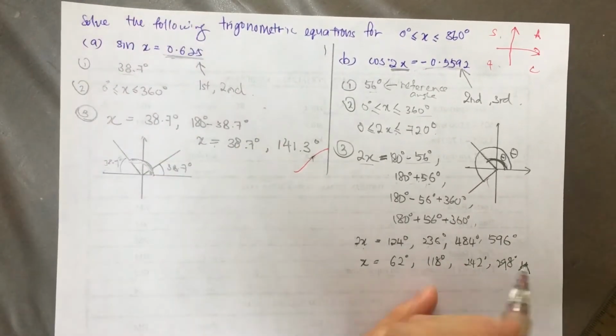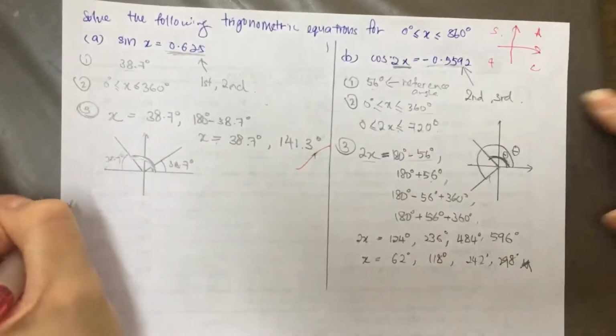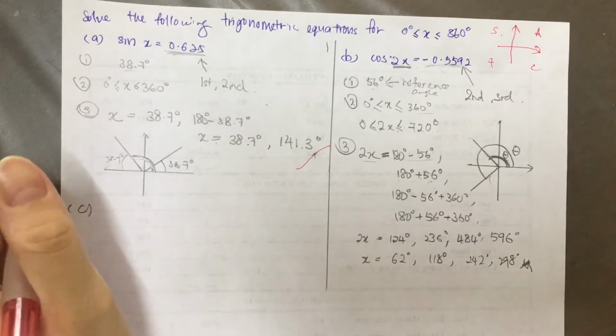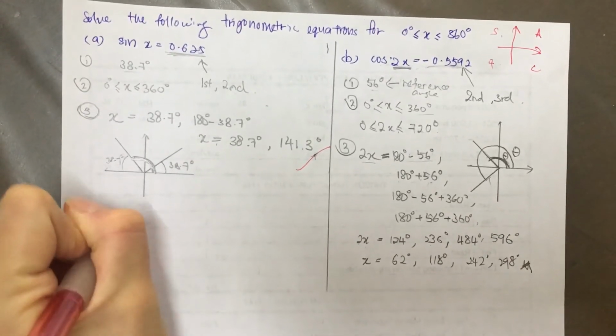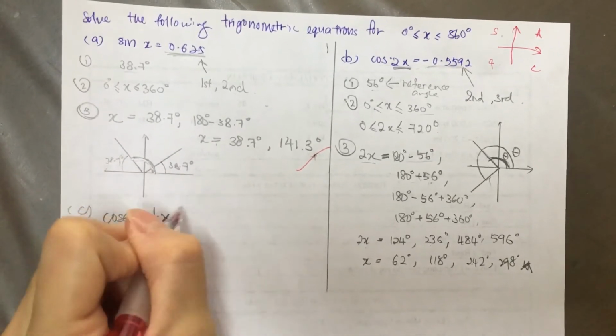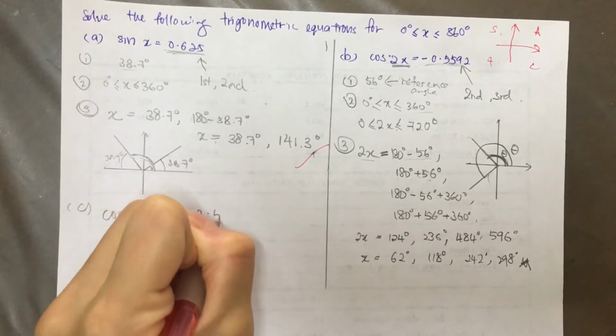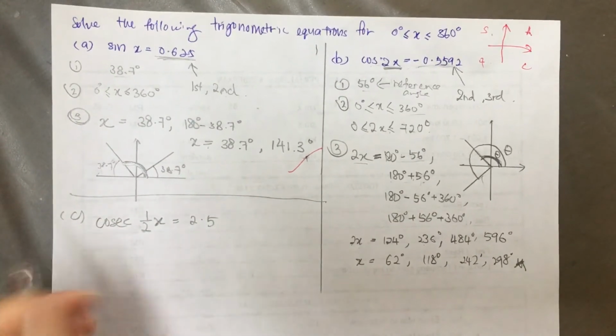Okay, so now I show you the third example, which is example C. Let's say you have cosecant half x equal to 2.5. How do you solve this question? Same, the first step is to find the reference angle.